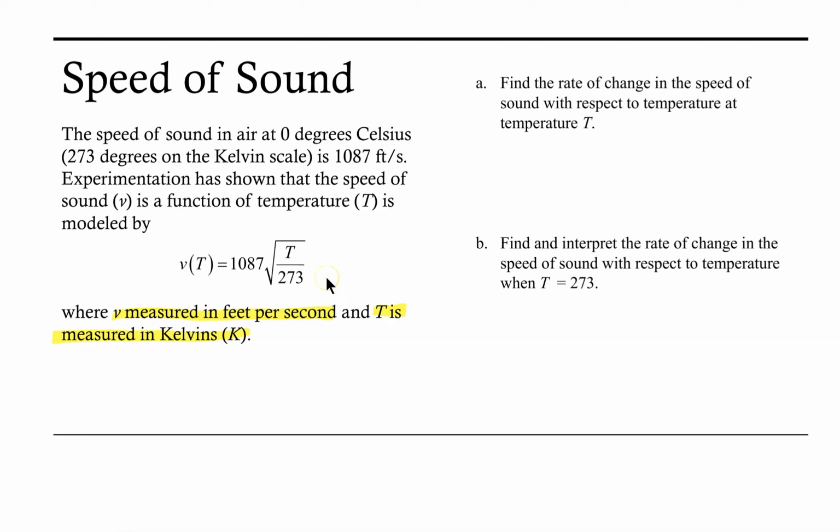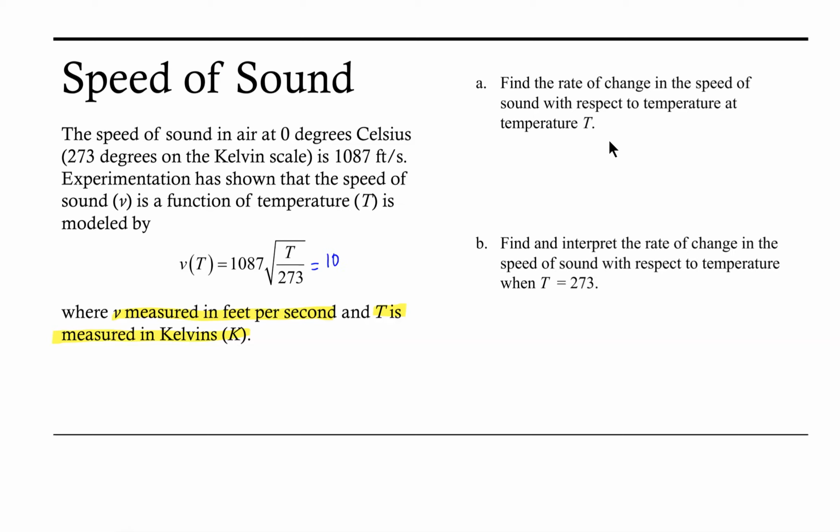So let's take a look at finding the rate of change in the speed of sound with respect to the temperature at temperature capital T. As we start to think about finding the rate of change in the speed of sound, let's use some properties of square roots.